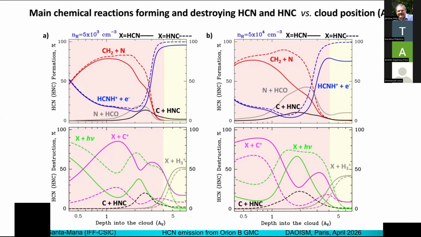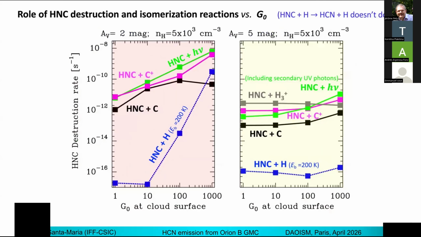So actually, if we look at the next one, this is the same, but at fifth magnitude, 2 and 5, same density, but how the destruction of HNC changes with the G0 at the surface of the cloud.